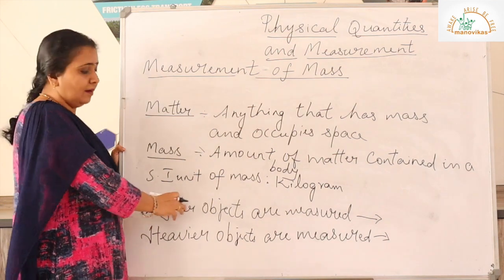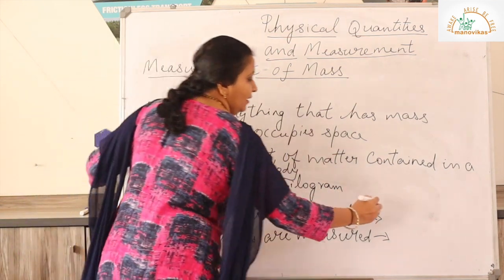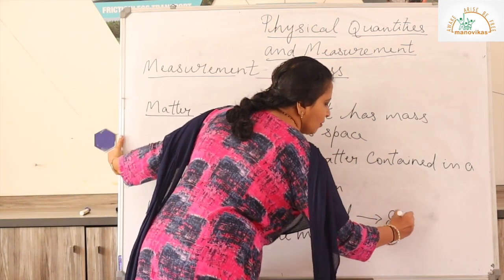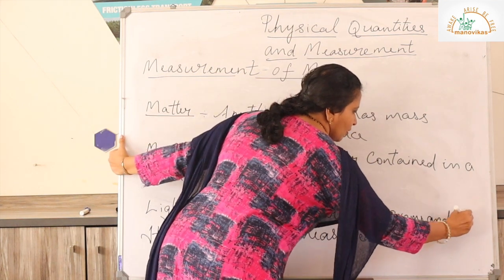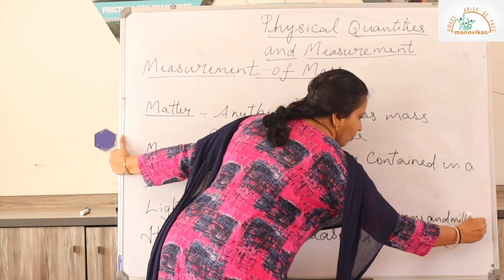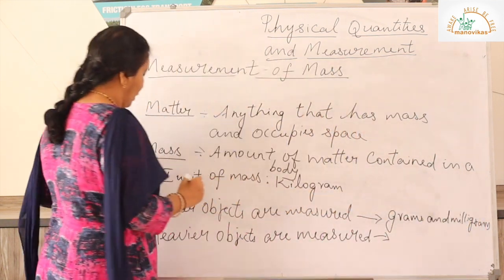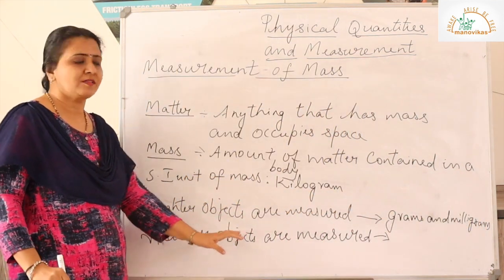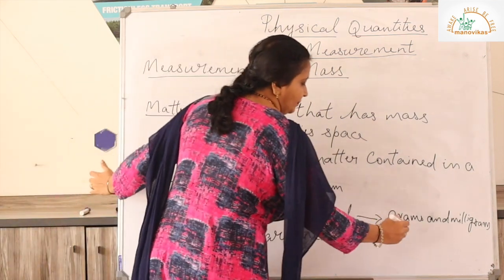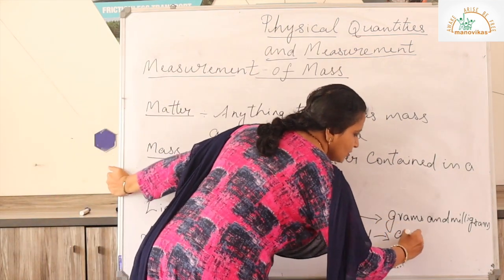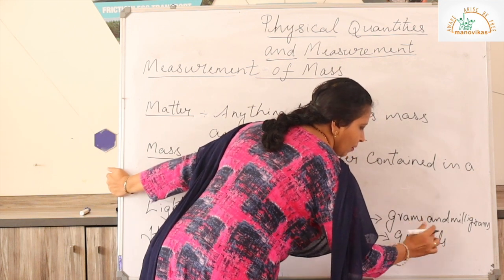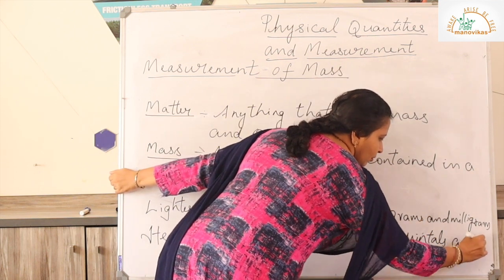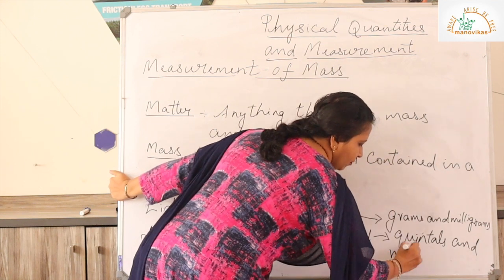Lighter objects are measured using grams and milligrams, whereas heavier objects are measured using quintals and metric ton.